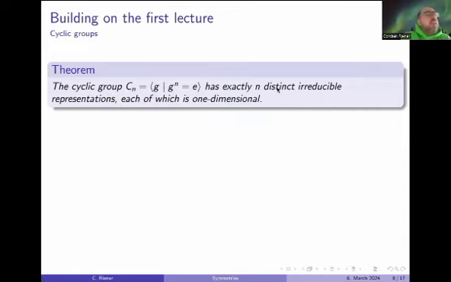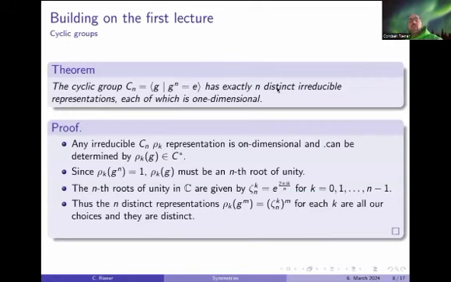But how do we actually realize these representations? This is not really hard to see, but it will be important for understanding how our matrix can be diagonalized. We know that it's one-dimensional, and our group is generated by one element, so I can uniquely specify a representation, rho k, just by knowing where rho k maps my element G to.